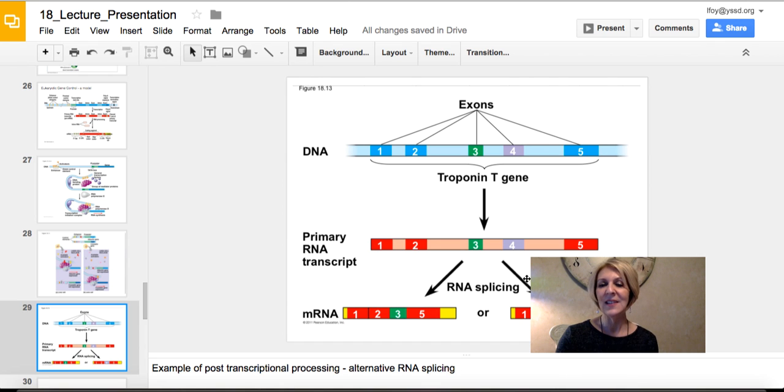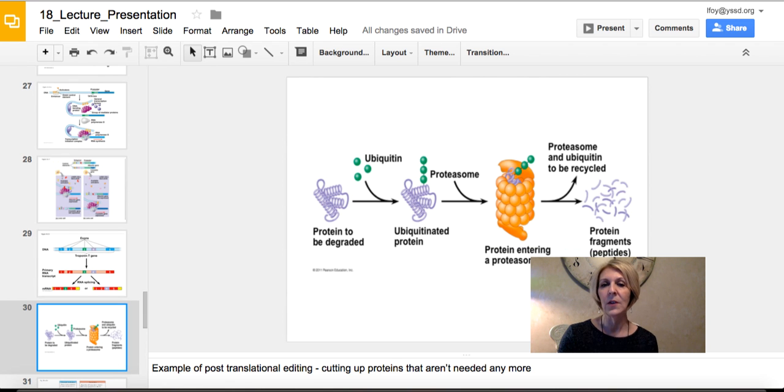And I can see that different exons made it into the final messenger RNA transcript after a different type of splicing. And so this is an example of how we can get different protein products from the same gene in the DNA, just by splicing differently and having different exons that are left in there.